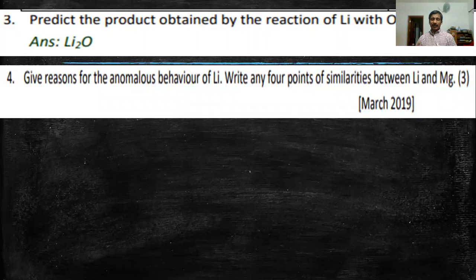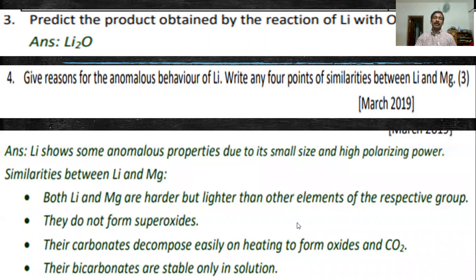But alkali metal nitrates and carbonates are not decomposed by heating. Lithium and magnesium do not form higher superoxides or peroxides. Bicarbonates are stable only in solution, but alkali metal bicarbonates are stable. So these are some of the similarities. You can select any 4.